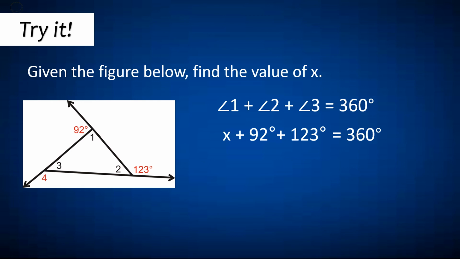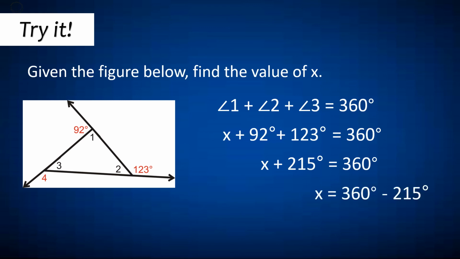Yung isa yung x, yung nawawala. Yung isa ay 92, yung isa ay 123. 92 plus 123 is equal to 215. And then, by transposing 215 to the other side, we have 360 minus 215 is equal to 145 degrees. So, yun daw yung sukat ng angle 4 na nandyan sa figure.